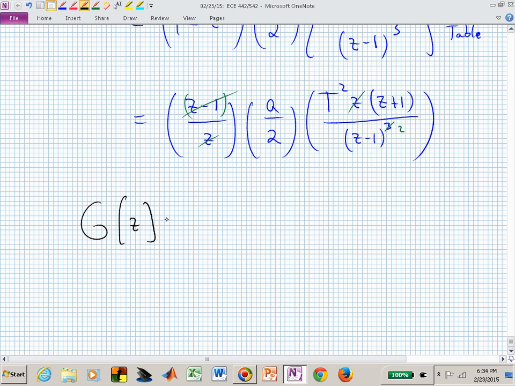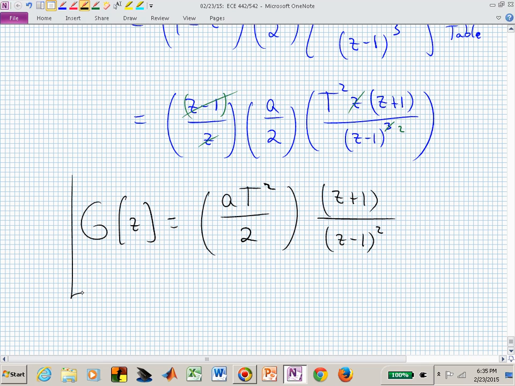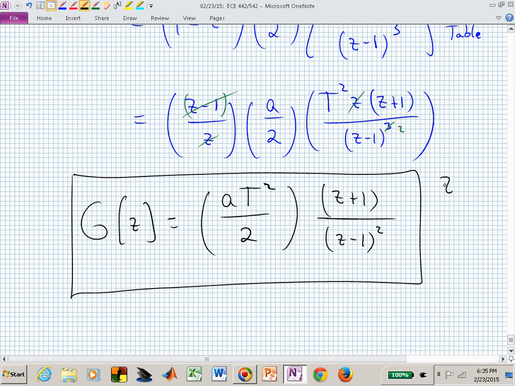I forgot before, but you helped me recover. We have AT squared over 2. That's just a constant once we know the mass. The mass is 1 over m. That replaces little a. T is our sample period. We have to pick a sample period. And now we have z plus 1 over z minus 1 squared. That's the zero order hold equivalent of a pure mass.